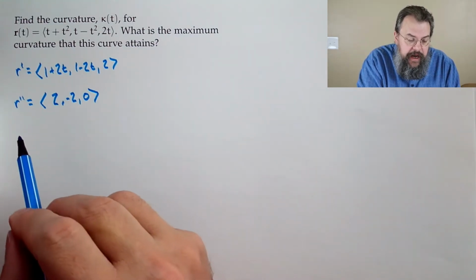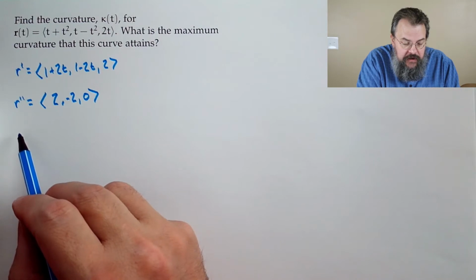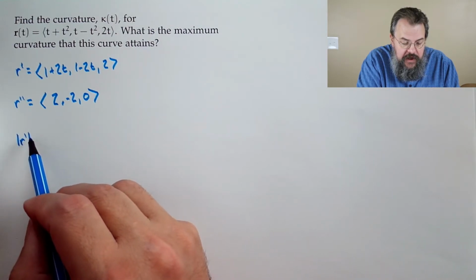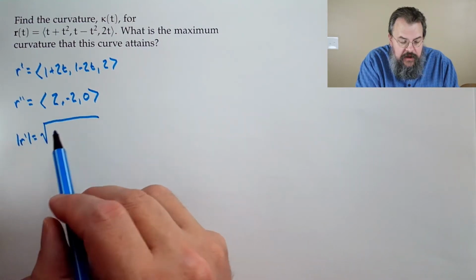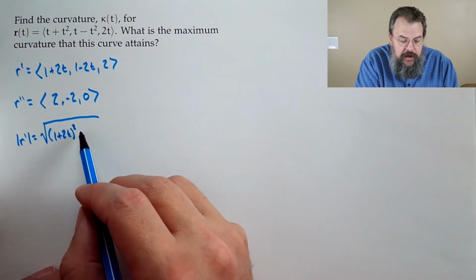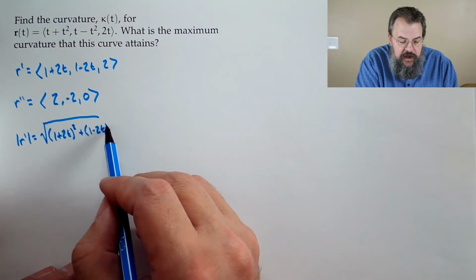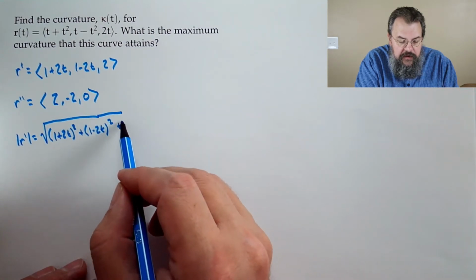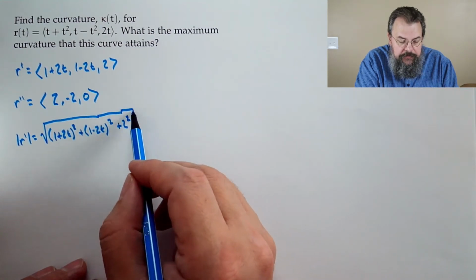All right, let's look at the magnitude of r prime. So the magnitude of r prime is the square root of, we'll have (1 plus 2t) squared plus (1 minus 2t) squared plus 2 squared.